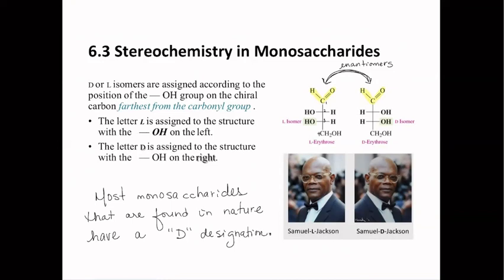So whenever we find sugars, they're just D sugars, okay? That's just how nature decided that it's going to work with them. We could have arguments about why it is a D sugar versus an L sugar, but for now, understand that this is just something that you should know and memorize, okay?